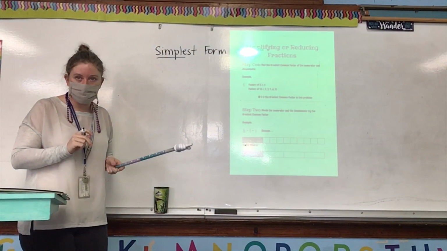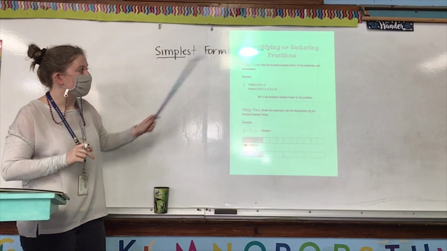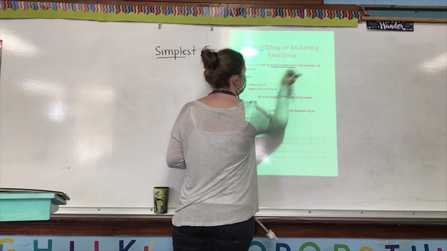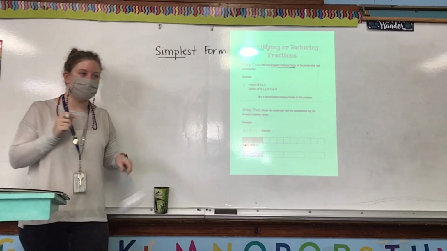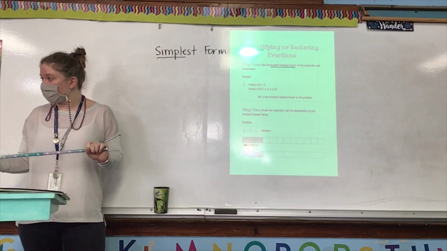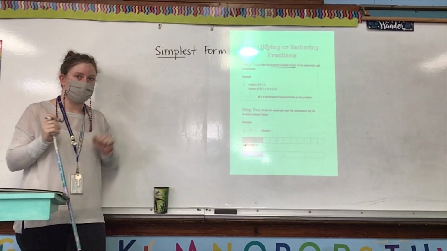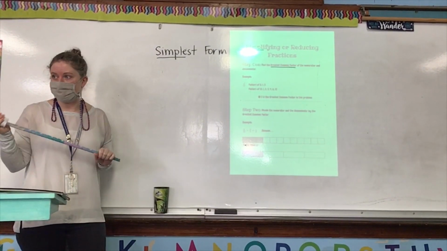Step 1 is to find the greatest common factor of the numerator and the denominator. Now this is why we spent so much time on factors and multiples, and prime and composite numbers.